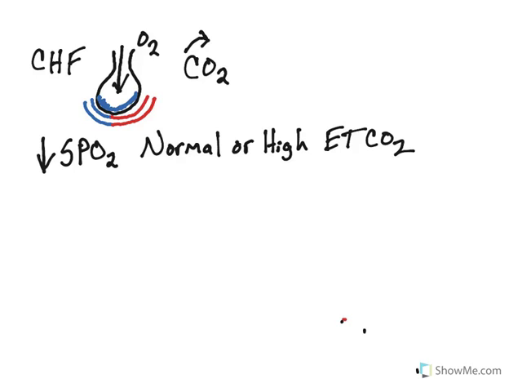But there's always the possibility that we could see a low end-tidal CO2. Now, that seems a little weird because you think, wait a minute, you just told me that there's a high end-tidal CO2. Well, there could be a low end-tidal CO2 as well, and it really just has to do with that VQ mismatch, right?